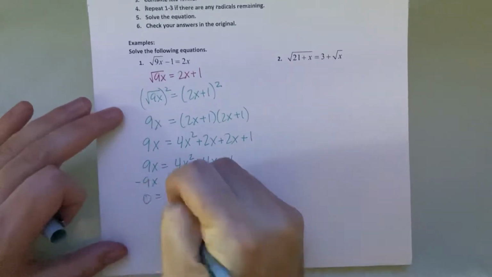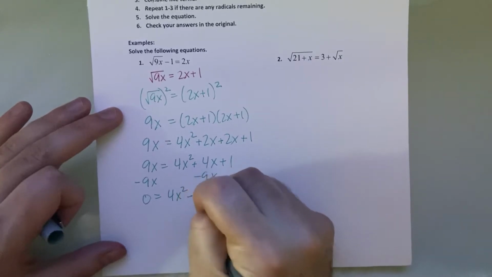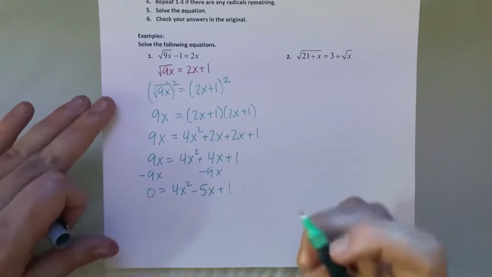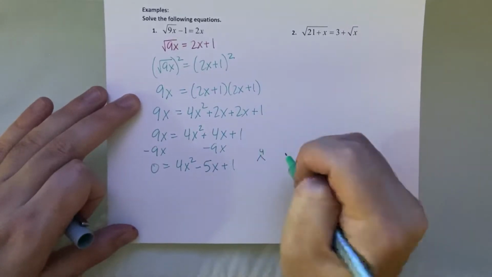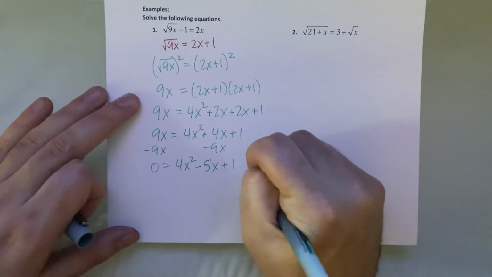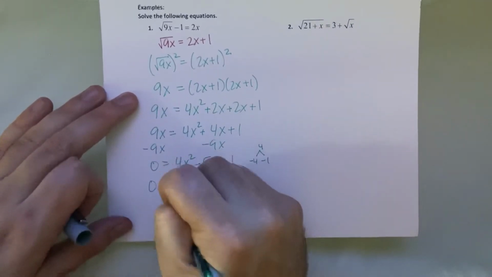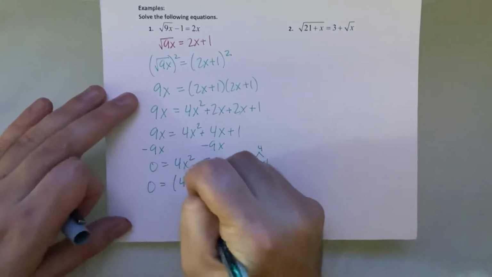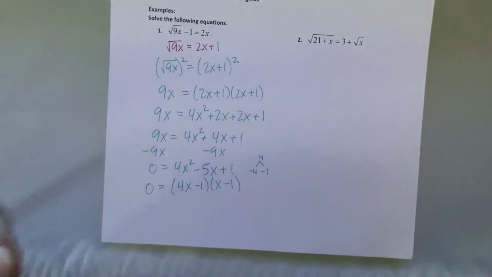So 0 equals 4x squared minus 5x plus 1. To solve this, we have to factor. So we're looking for factors of 4 that add to negative 5, so it's negative 4 and negative 1. This ends up factoring into 4x minus 1 and x minus 1.